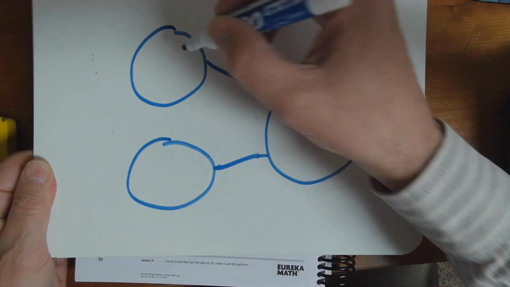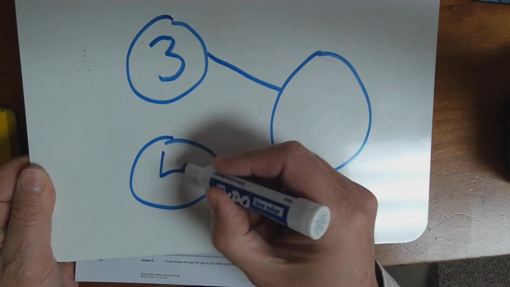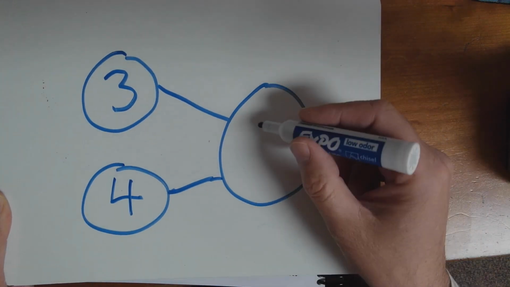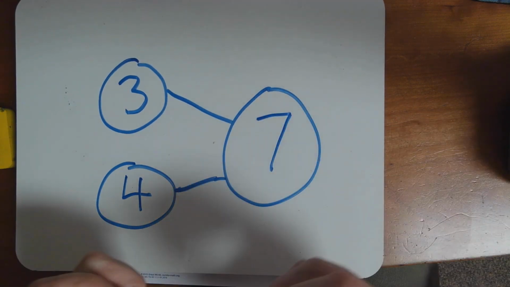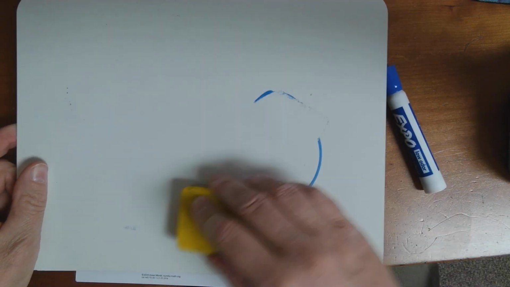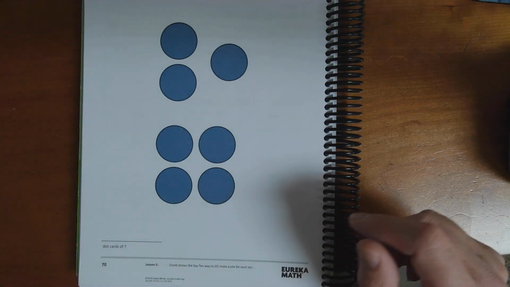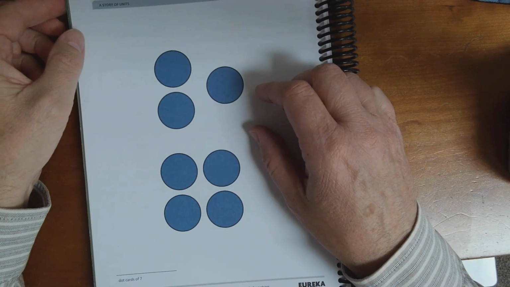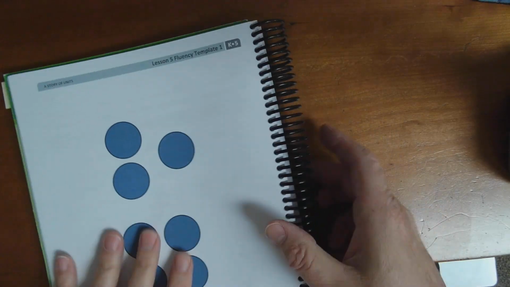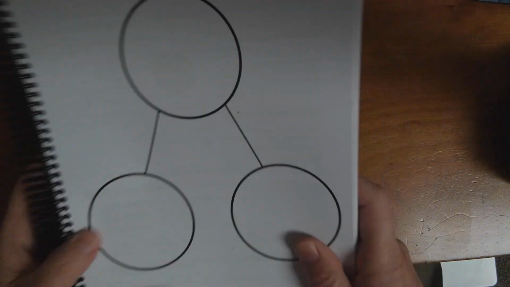Okay, what are my parts? 3 and 4 make 7. 3 and 4 make 7. All right. So, got us thinking about number bonds like this, and we're going to use this in just a minute.